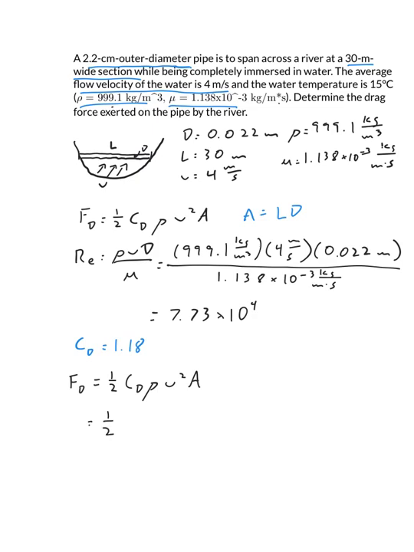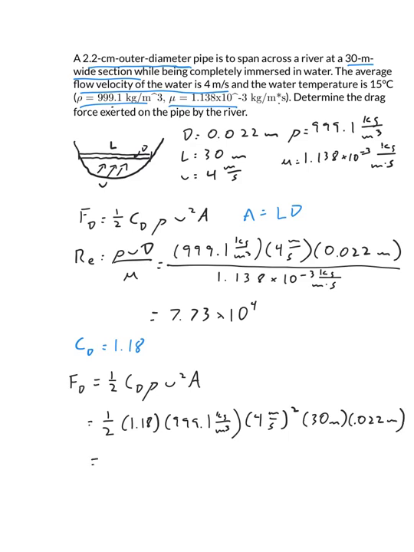And so now we can return to our equation, and we can plug everything in. And for area, I'm going to plug in L times D. So that's 30 meters, 0.022 meters. Okay.